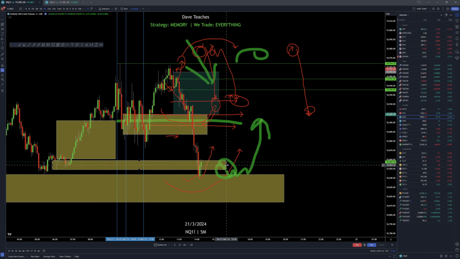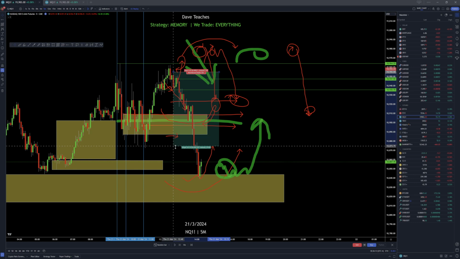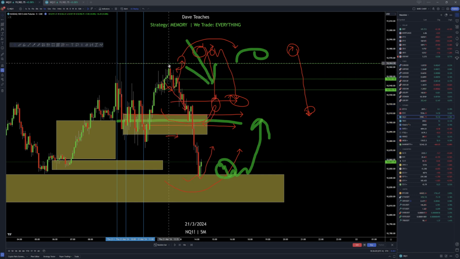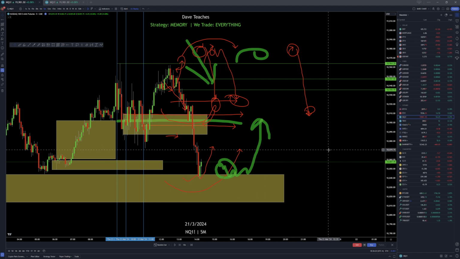You see down here? Strong drop below on that 5 minute closure up there, right? I would have missed it if I was waiting on that draw. That's fine. That's okay.